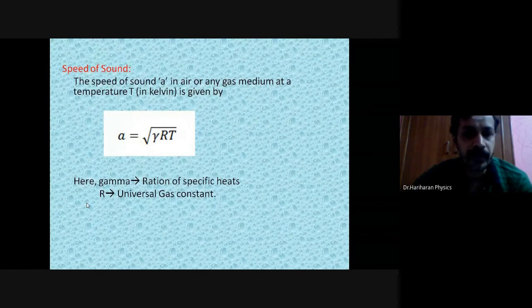So the speed of sound A in air or any gas medium at a temperature T is given by A = √(γRT), where gamma is the ratio of two specific heats, Cp by Cv, which we encounter in thermodynamics. R is the gas constant, and T is the temperature. Obviously, all quantities are in SI units, so the temperature is in Kelvin.